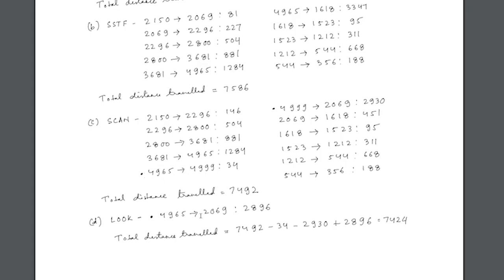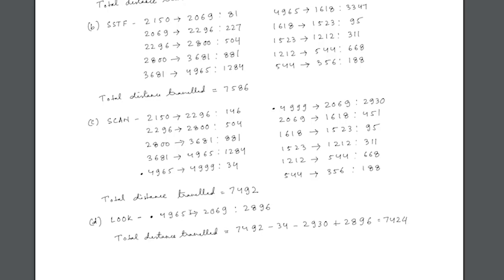So from this number, 7492, I'm going to remove this part, because the disk is not going to go from 4965 to 4999. And I'm also going to remove the part where it goes from 4999 to 2069. And I'm just going to add the part where it is going to go directly from 4965 to 2069. So this 4999 stop is going to be removed. So these two numbers of 34 and 2930 are going to be removed from this total of SCAN.